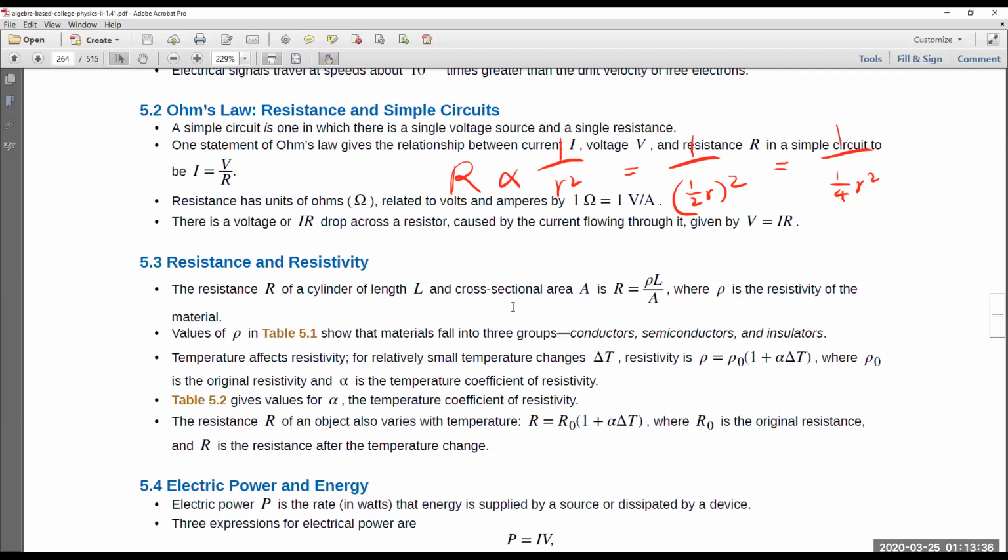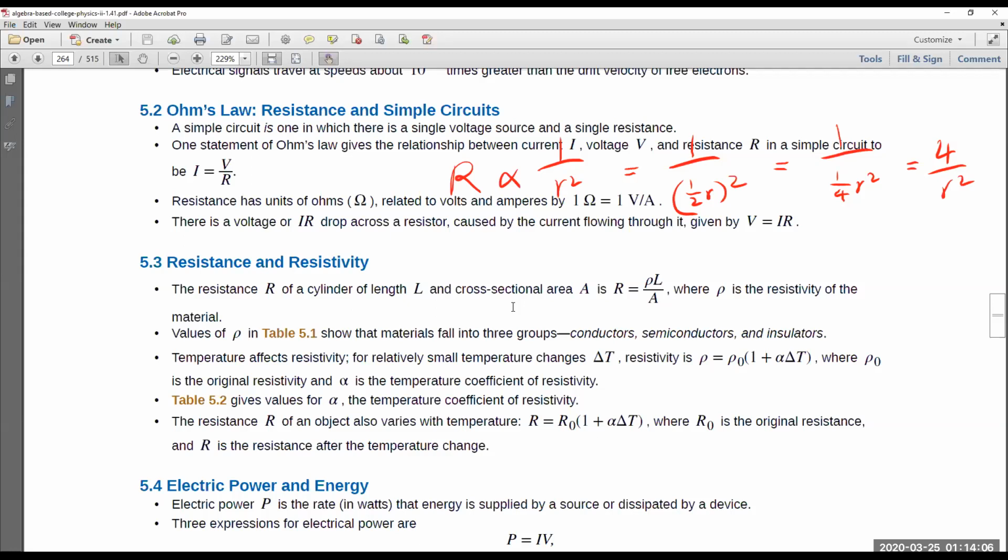What is 1 divided by 1 over 4? It is 4. Okay. So 4 over r squared. As you can see clearly, if you halve the radius, then the resistance actually increases 4-fold.